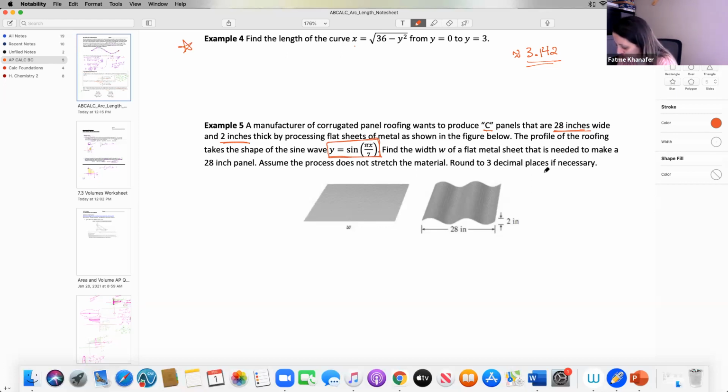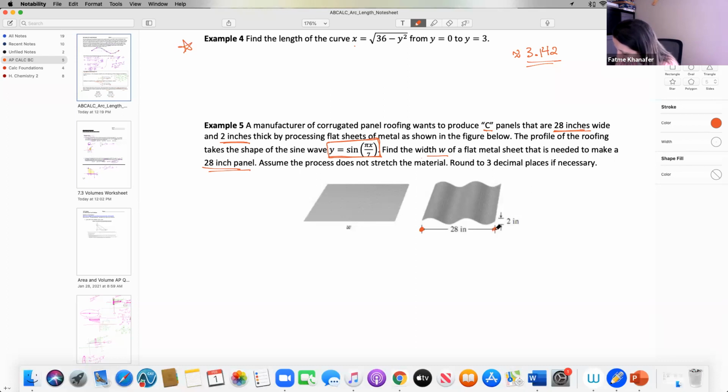Find the width of a flat metal sheet that is needed to make a 28-inch panel. Assume the process does not stretch the material. And of course, you're always going to round everything to 3 decimal places.